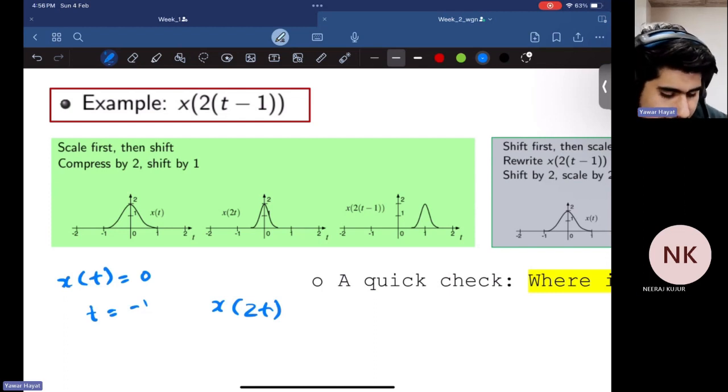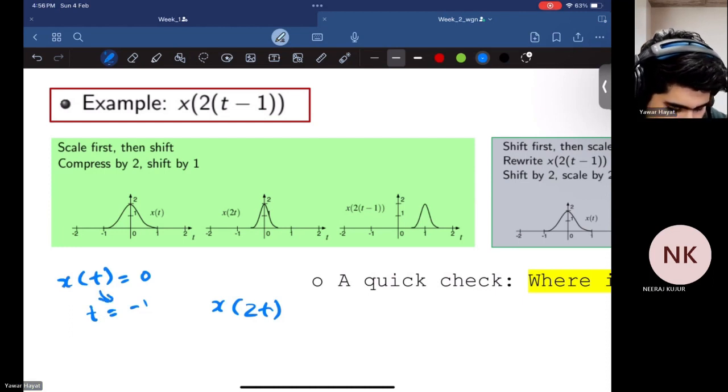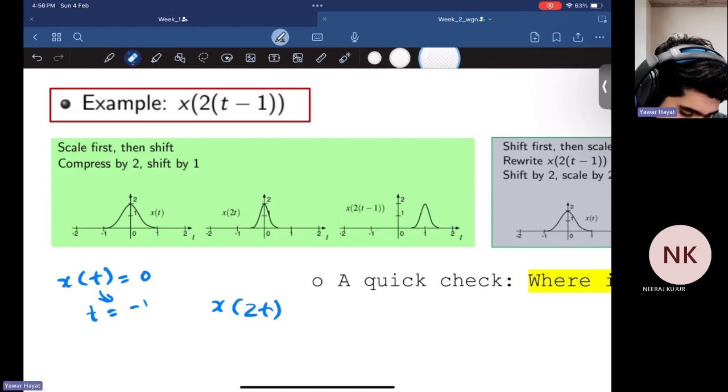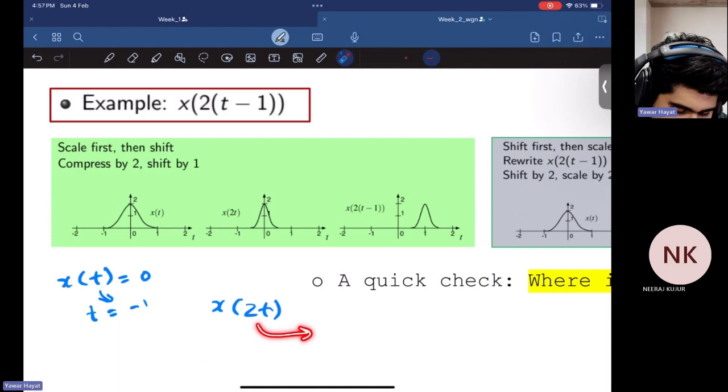A quick and basic sanity check would be to see if, when this argument is minus 1, does this evaluate to 0? In fact, it is the point at which it goes to 0. So I would put this argument to minus 1, and the value should be going to 0.